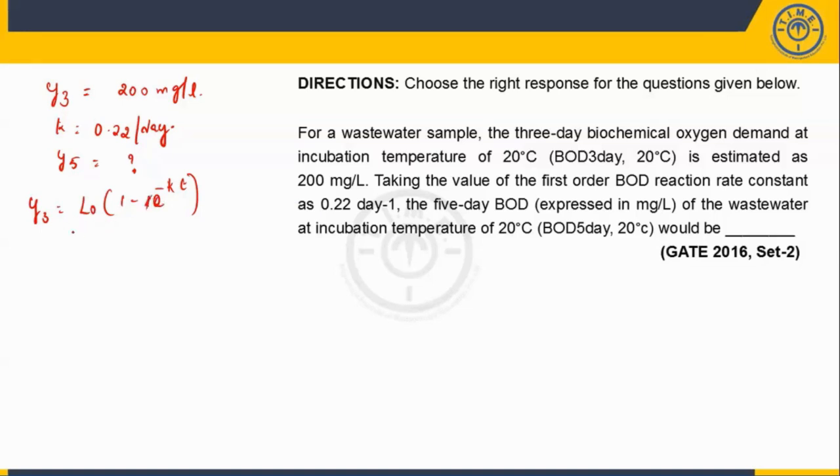Tell me, 200 is equal to L naught into 1 minus e power minus 0.22 into t, t is how much? 3 days. From this, calculate L0. After that, you have Y5 equal to L0 into 1 minus e power minus k into t. K remains same. T becomes 5. L0 you will be getting from this. Tell me the answer.